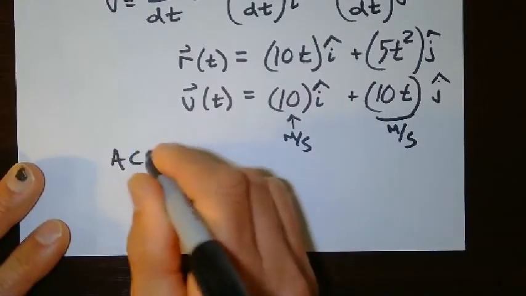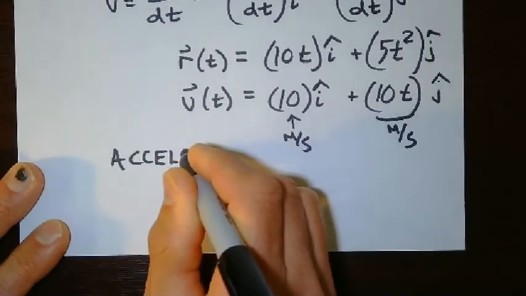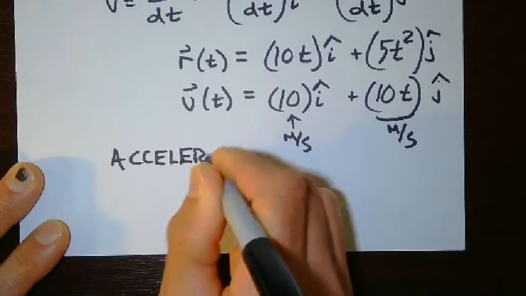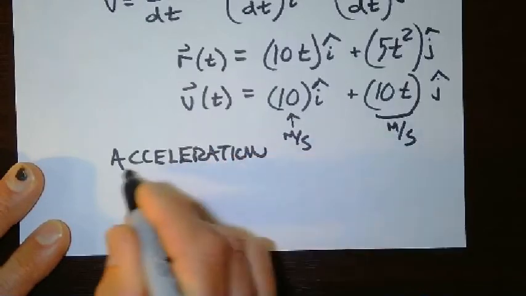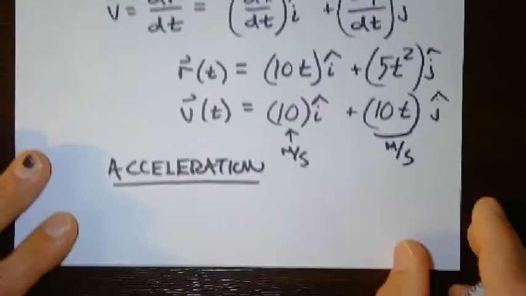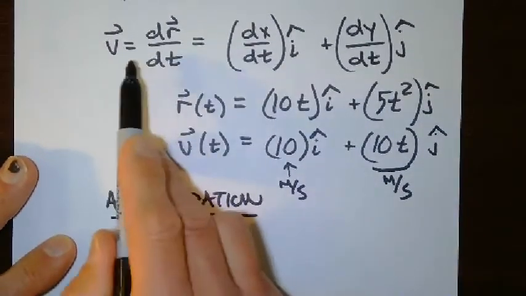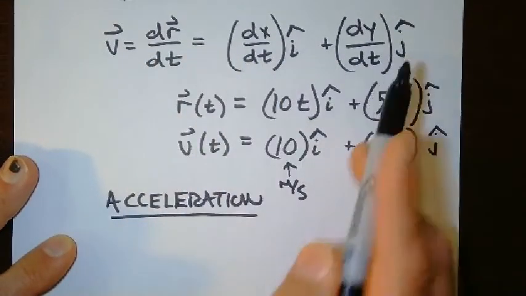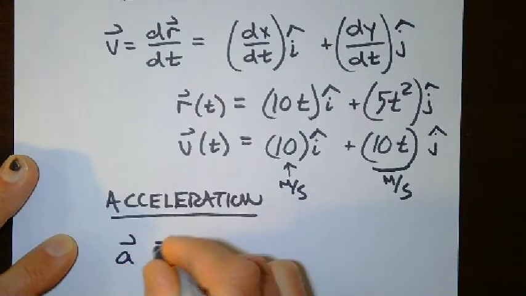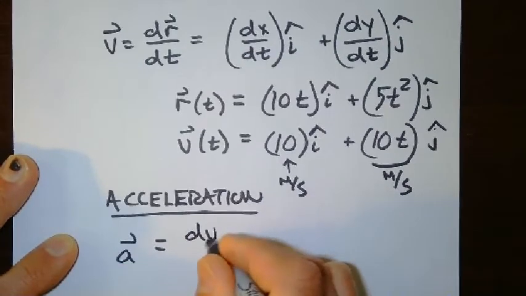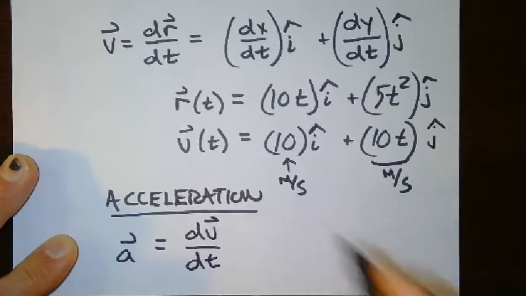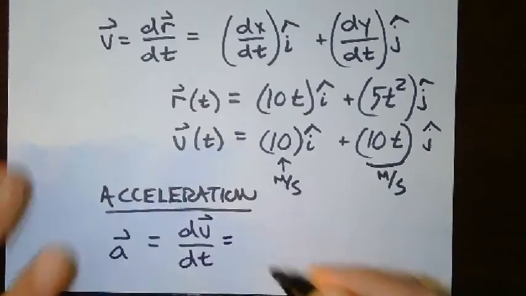Acceleration, I won't do an example with it. I'll just give you the formal statement for that. Since velocity looked like this up above, acceleration will have a very similar definition, except it's the derivative of velocity with respect to time.